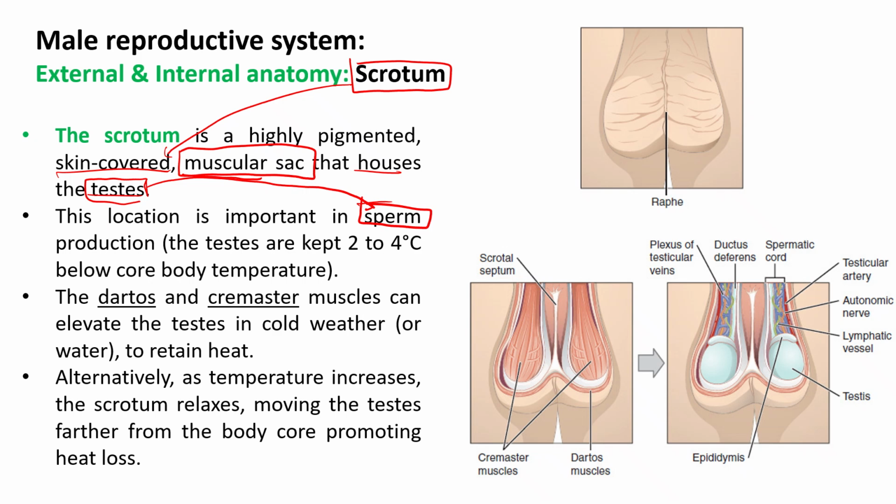The sperm has several phases in which there's going to be a transformation from a very immature cell, which doesn't look like the mature sperm that we will learn about.